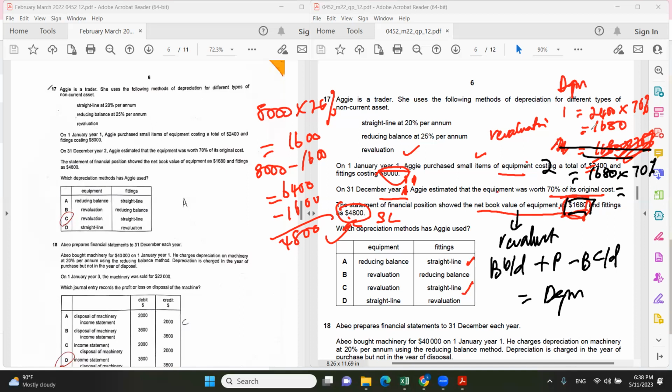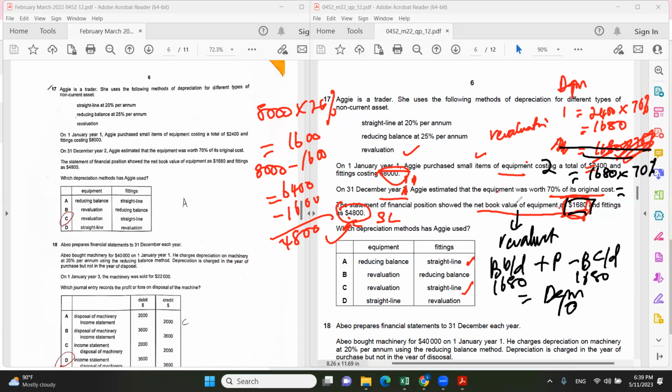But if I take this opening, this balance is 1680. Okay, and then calculate the second year. My end of the second year is 1680. That means my depreciation is 0. So there's something wrong with this information.